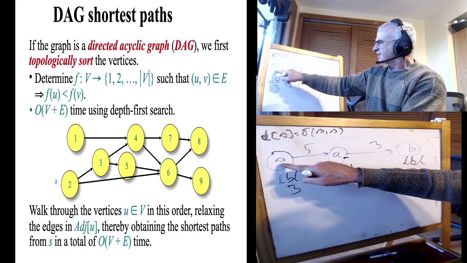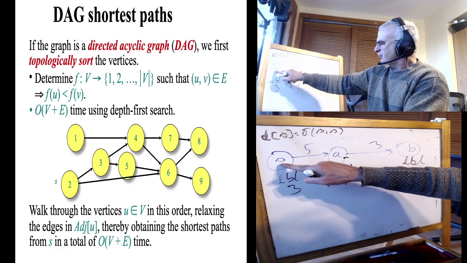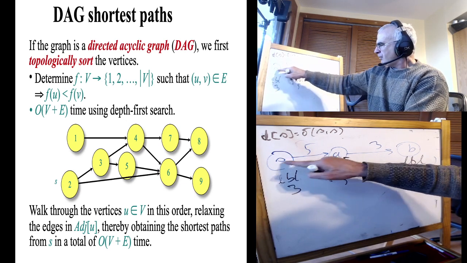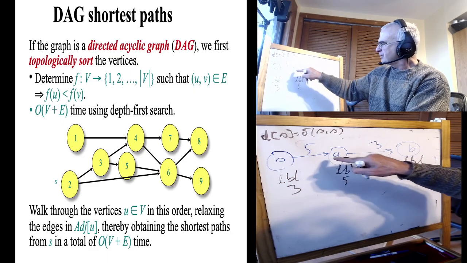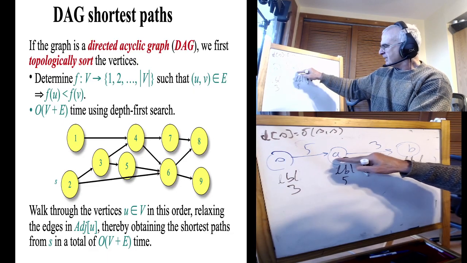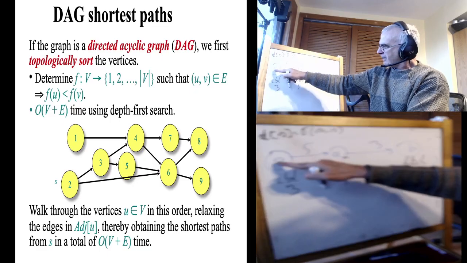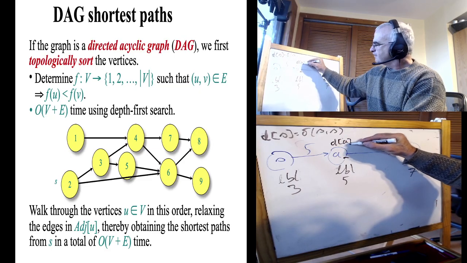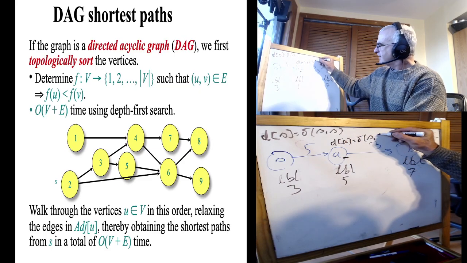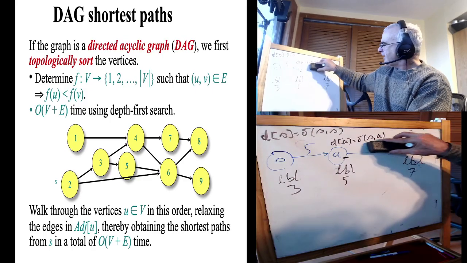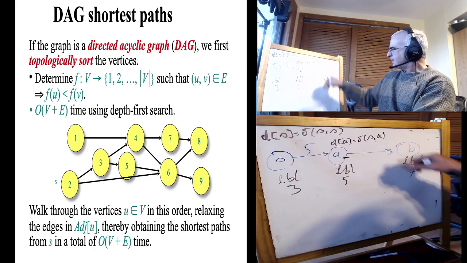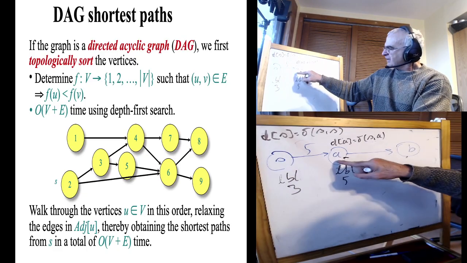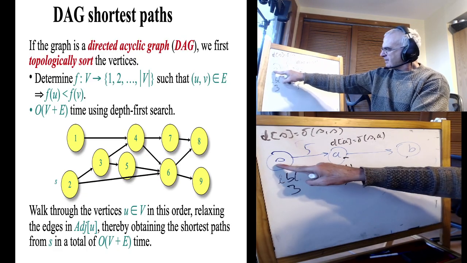And now, because we are accessing the vertices in the correct order, we are accessing the relaxation of this edge after S knows the distance to it. So after we perform the relax operation, d of A is delta of S to A. That is, A also knows the length of the distance to it. And that is, I'm accessing this edge only after S knows the distance to it.